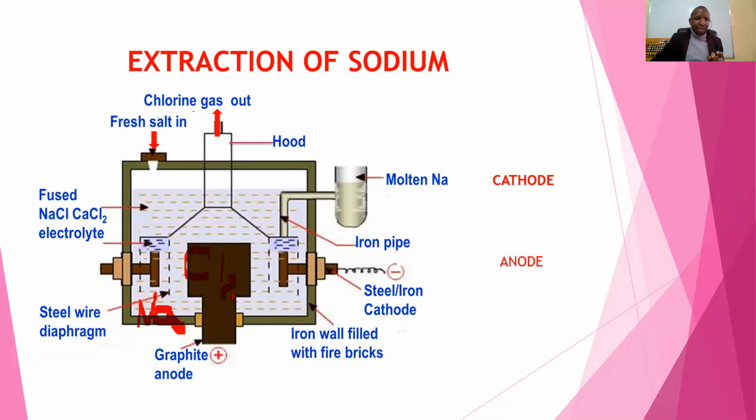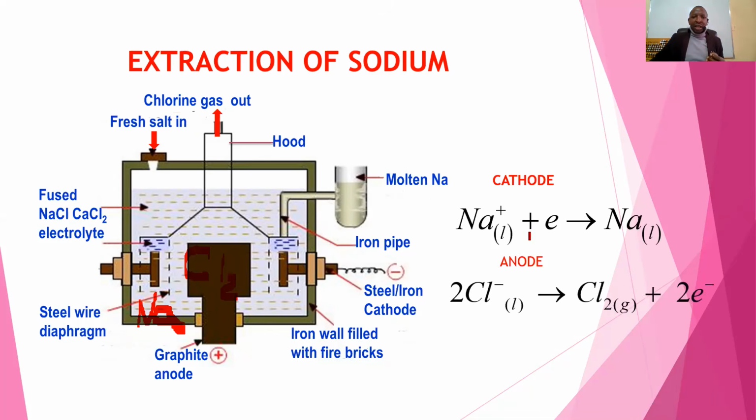Chlorine gas will be formed here at the anode. Sodium chloride decomposes to form sodium ions and chloride ions. The sodium ions will go to the cathode here and will be discharged. They gain electrons to form liquid sodium.